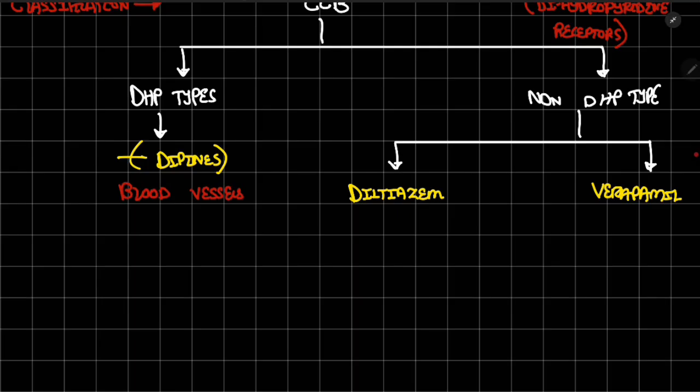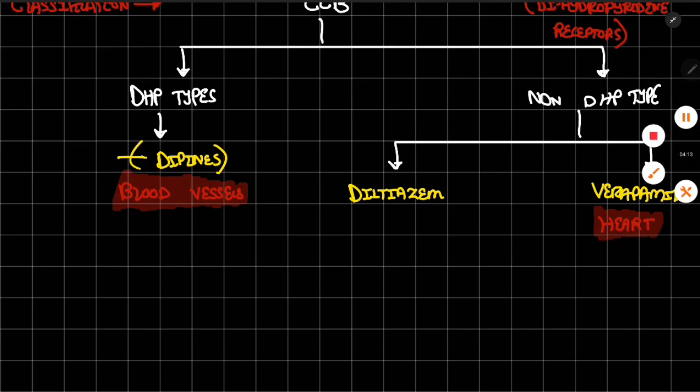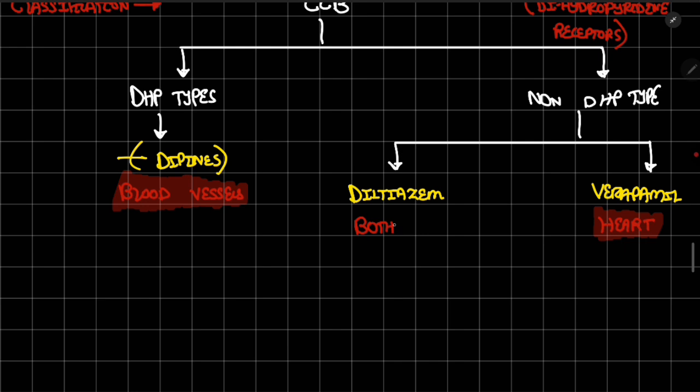Verapamil acts only on the heart. Mark this, very important. You will get to know why I am saying this. We are studying calcium channel blockers in much more detail today, and hypertension is one part of it. Diltiazem acts on both. So can we say that verapamil is cardiospecific?